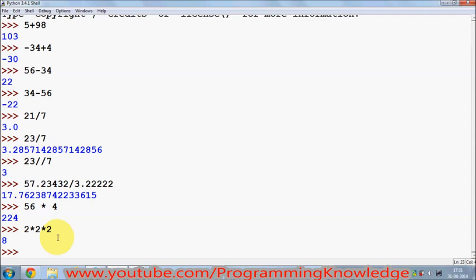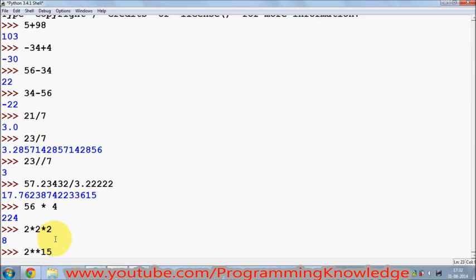But if you want the exponent, for example, 2 to the power 15, how can you do it? You can do 2 multiplied by 2 multiplied by 2, 15 times, and this will be lengthy, right? So the simple way to find the exponent is to use double asterisks or double stars and then the power.